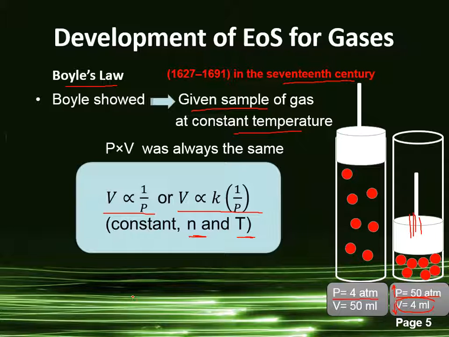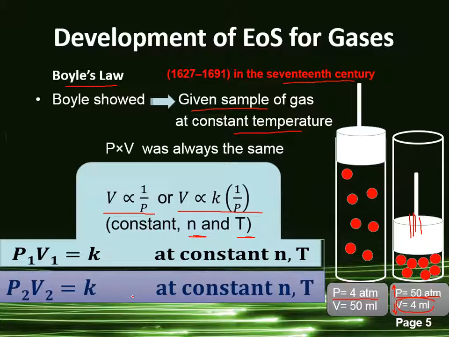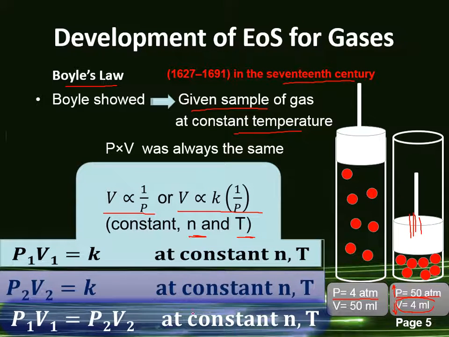Based on Boyle's law, if P1 times V1 is equal to K and P2 times V2 is equal to K again, at constant number of moles and temperature, we have the relation P1 times V1 equals P2 times V2.